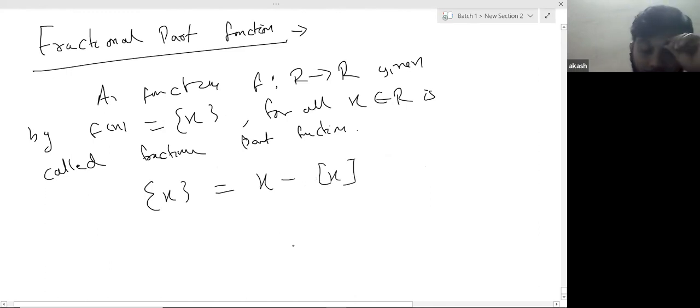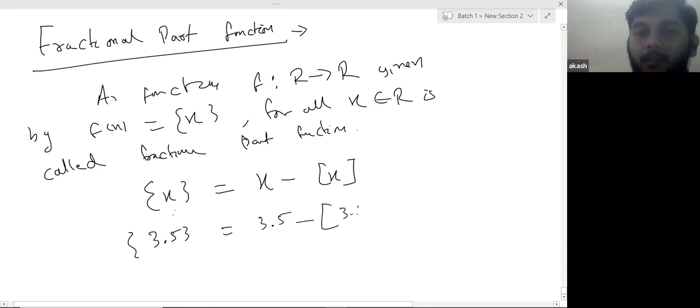All right. You don't have to think a lot in this function. Just apply this formula. Fractional part of something is something minus GIF of that. So if you have to find the fractional part of 3.5, let's put the values here. This is 3.5 minus GIF of 3.5.